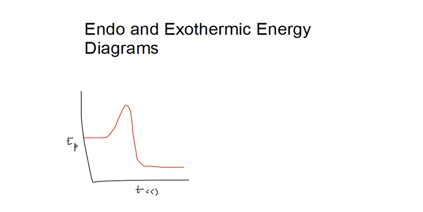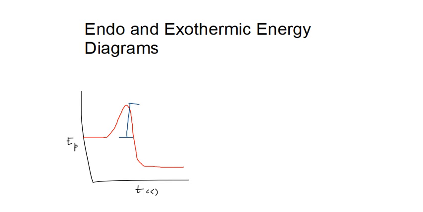So the reason that the potential energy goes to kinetic energy is because exothermic means that heat is released, and that's in the form of kinetic energy. So there's going to be two things that we have to label. First thing is from initial to the maximum point.